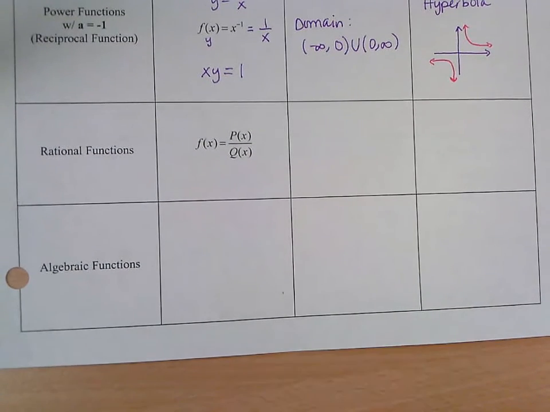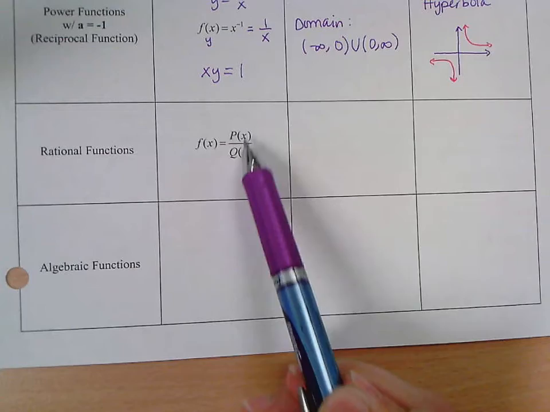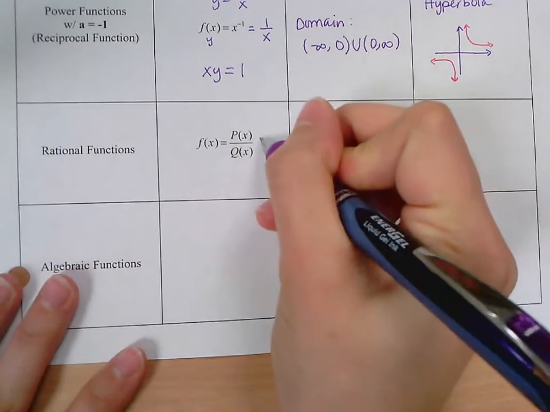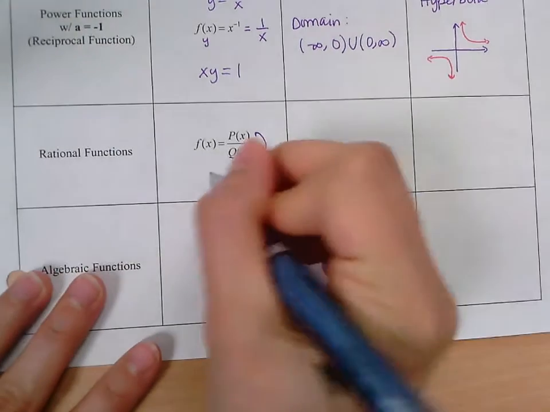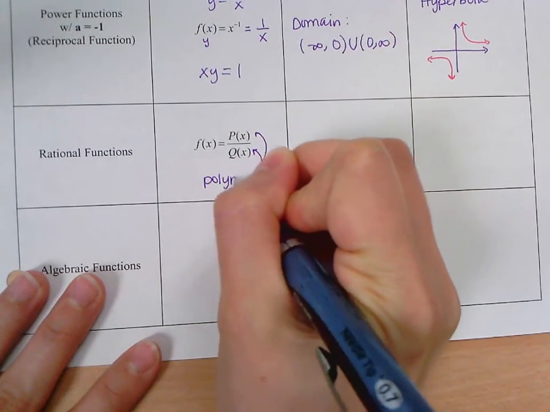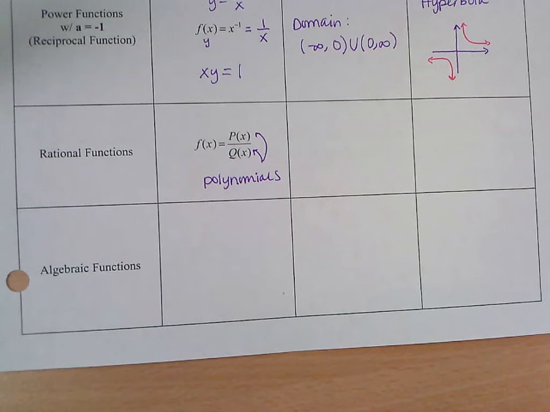Rational functions we have mentioned, so they have the form f of x equals p of x over q of x, where both p of x and q of x have to be polynomials for it to be rational. And when we get to algebraic and look at some of those examples, you'll see what would make a function that is a fraction like this not rational.